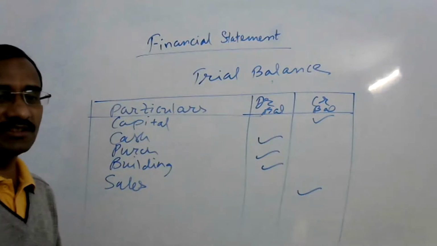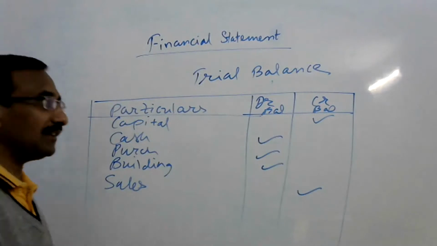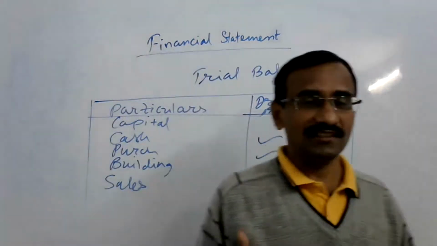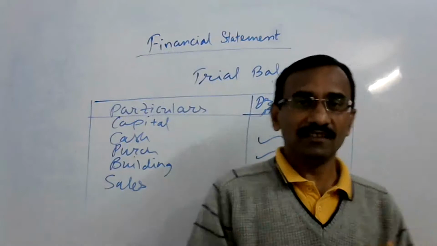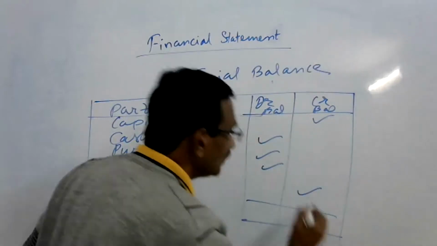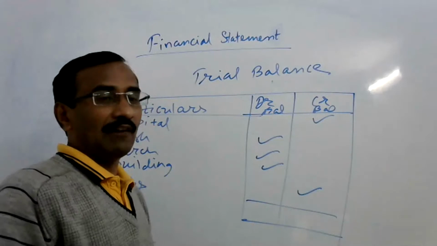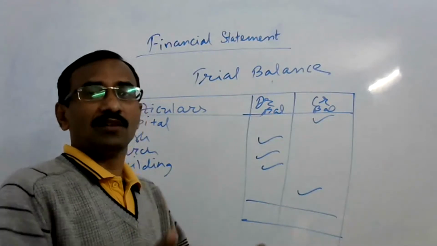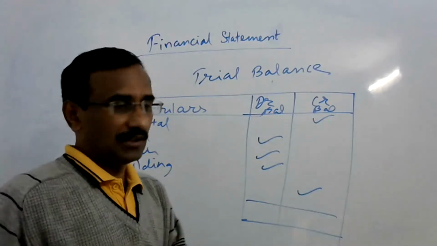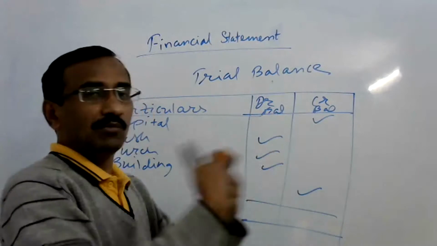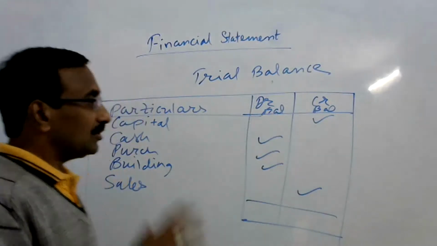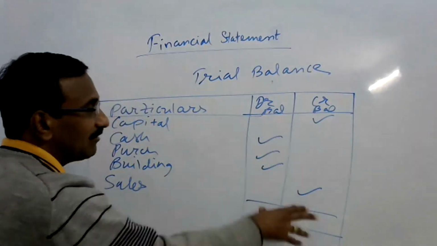So this exercise is required to be done by taking from the ledger. Once this has been done, then this is required to be tallied. If not, then we will have to look for rectification of mistakes. That is another chapter, and once we read it, we will move to that chapter also. So debit and credit are required to be matched.